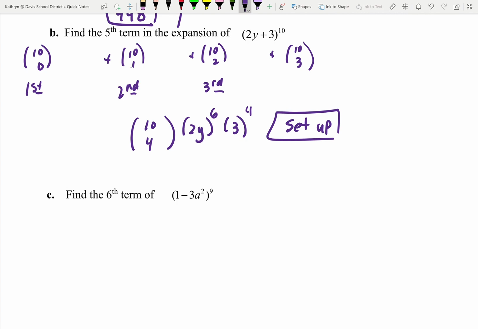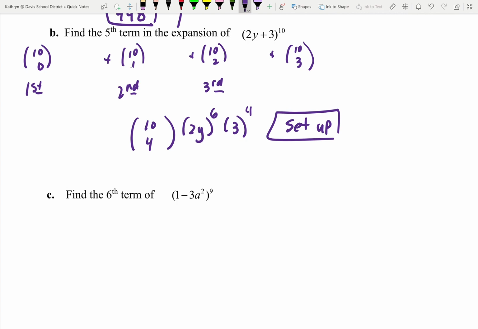If they ask you to find it, then let's find it. Grab your calculator. Everybody go 10, PRB, right, enter, 4, enter. Then I'm going to hit times, parenthesis, 2 to the 2, parenthesis 2, close it, to the 6th, parenthesis 3, close it, to the 4th, and hit enter.